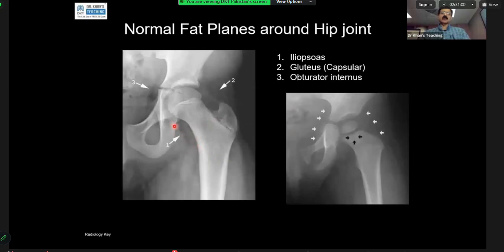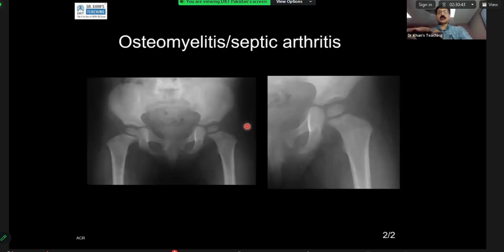So this is the iliopsoas fat plane. This one is known as the capsular or gluteus fat plane. And this one is known as the obturator fat plane. Now, these should be in your vocabulary and you should understand how you will pick them up.